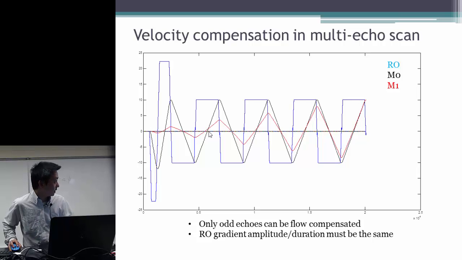That means that at the second TE, at the center of the echo, there is additional phase in the signal collected by the second k-space line. But for the third echo, the M1 value also becomes zero. So we can see from here that for this bipolar multi-echo readout train, only the odd echoes can possibly be flow compensated, but the even echoes are not.